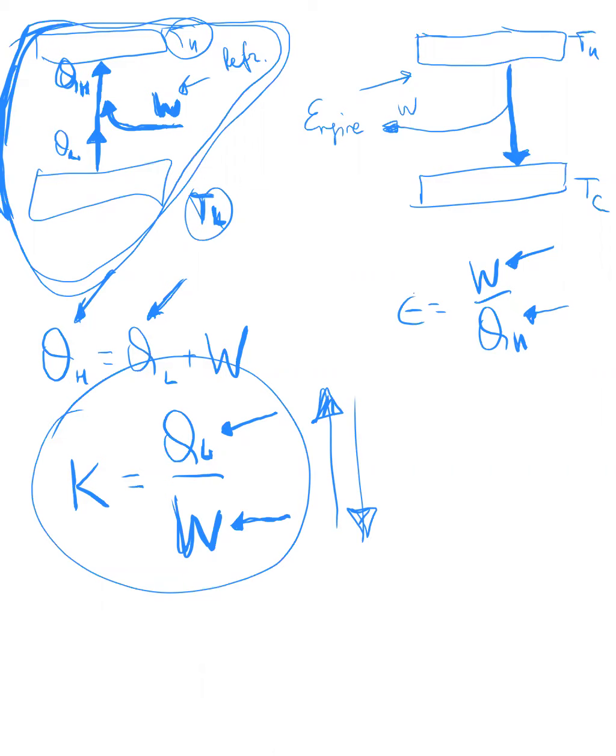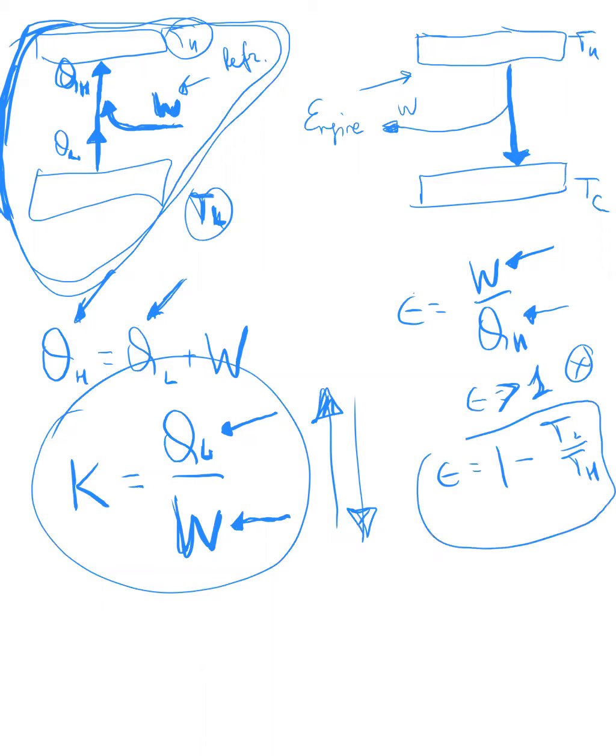And now you may be asking yourself, as for the engines, we knew that the efficiency couldn't possibly be more than 1. This was impossible because of the conservation of energy. But it turns out there is an even stricter bound that tells you that efficiency cannot be more than 1 minus TL over TH.